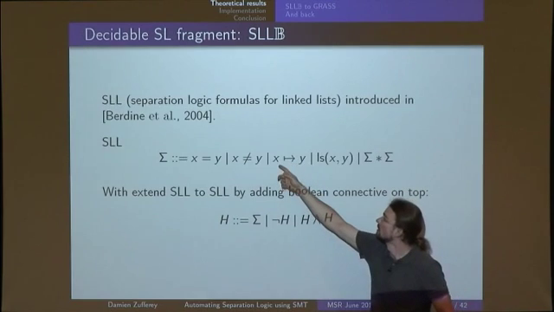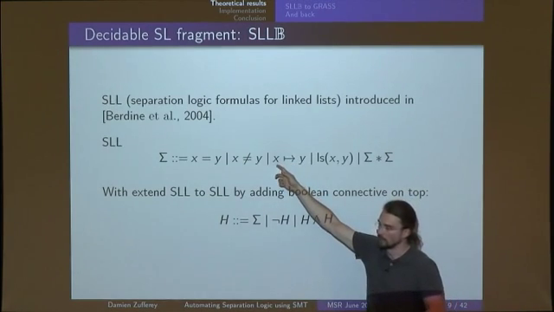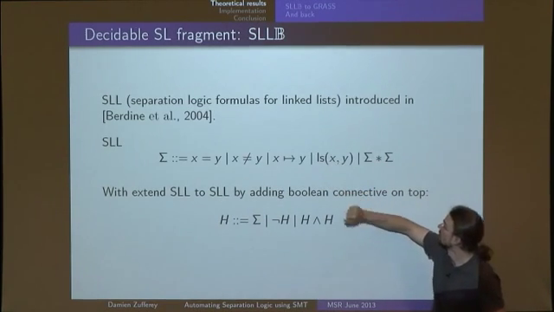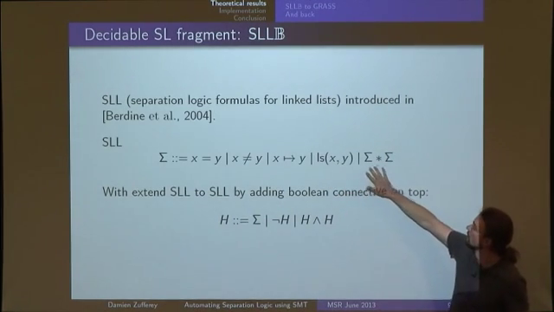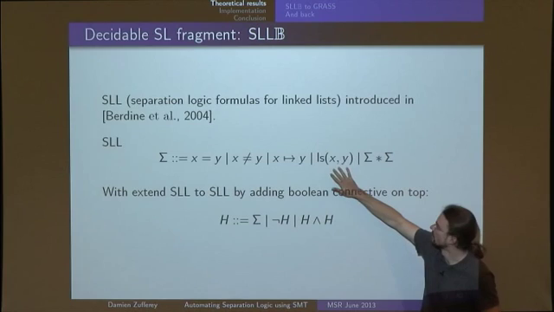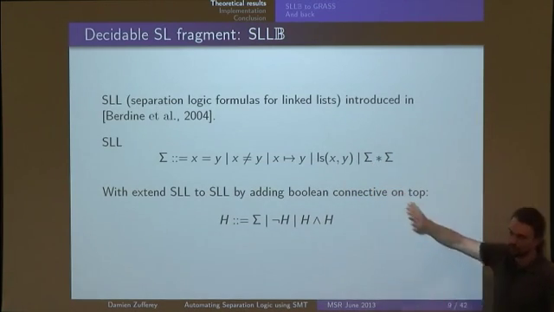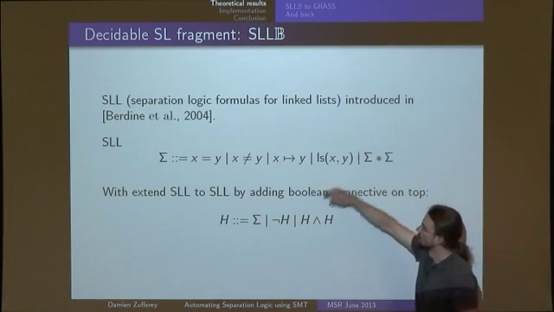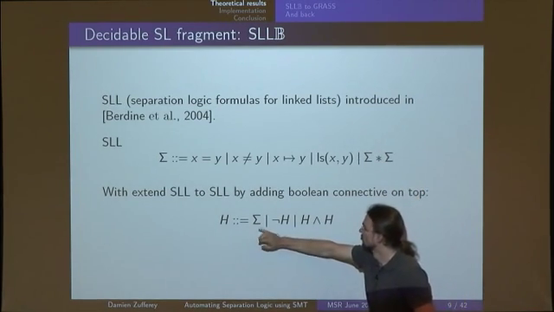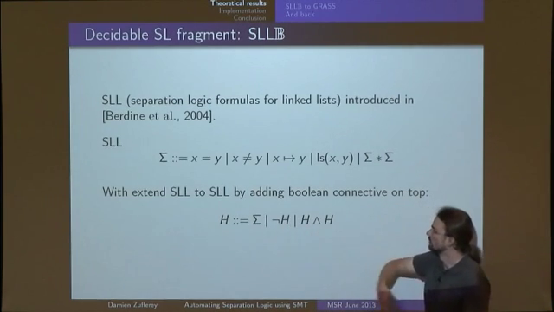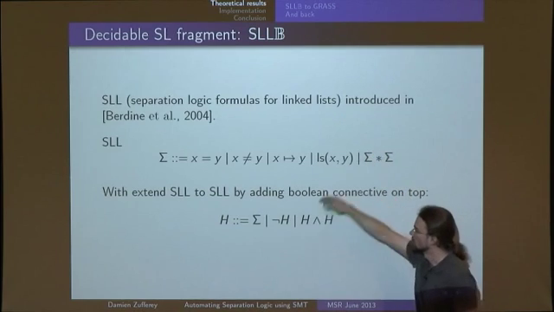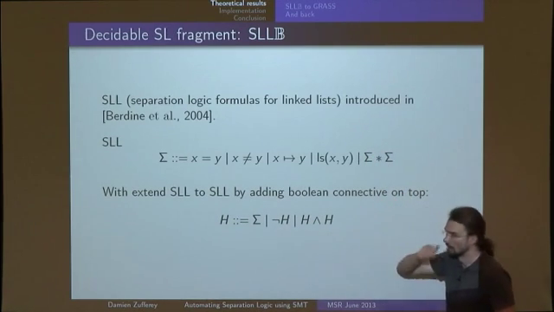Points to means that the cell on the heap X points to the cell Y. List segment, I will show later how they are defined, and also the separating conjunction of two heaps. And so that was the original fragment, and here we'll extend that with some Boolean structure on top of that. So on top of this separation logic formula, you can apply negation and conjunctions.